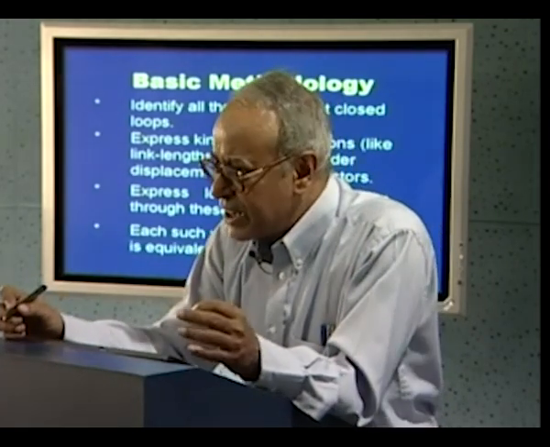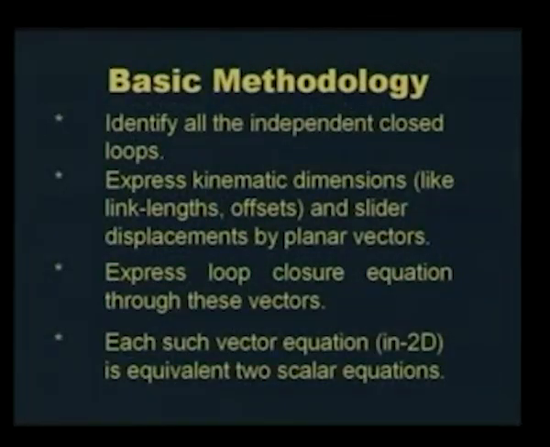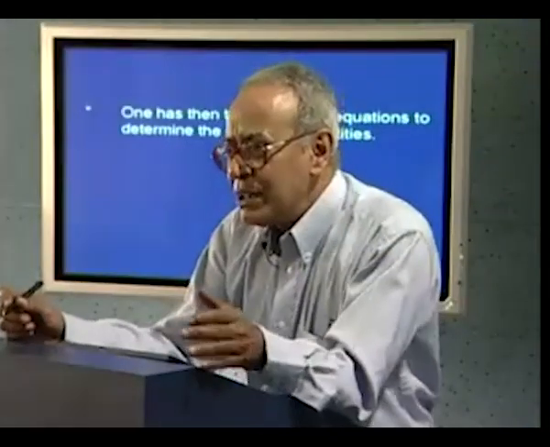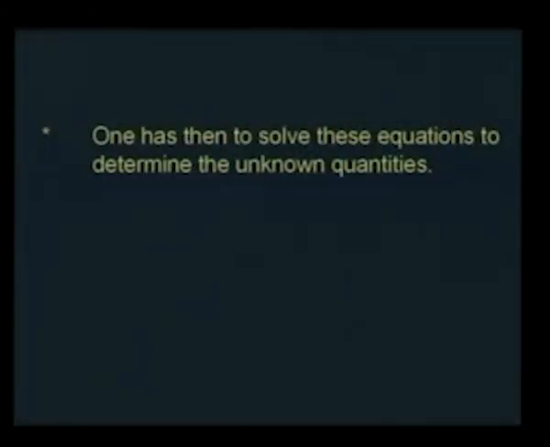Now, each such vector equation in 2D, that is in the planar linkages, is equivalent to two scalar equations. That means, if a vector equation is there, that is equivalent to two scalar equations, and two unknown quantities can be solved. Now, once all these vector equations are generated using all the independent closed loops, one has to solve these equations to determine the unknown quantities that are relevant to a particular problem.